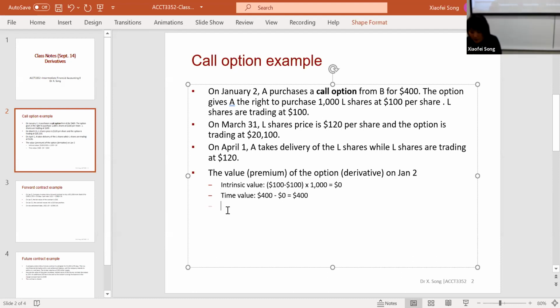Okay, what about the intrinsic value of the option we have on March 31st? Is there intrinsic value on March 31st? What do you think?